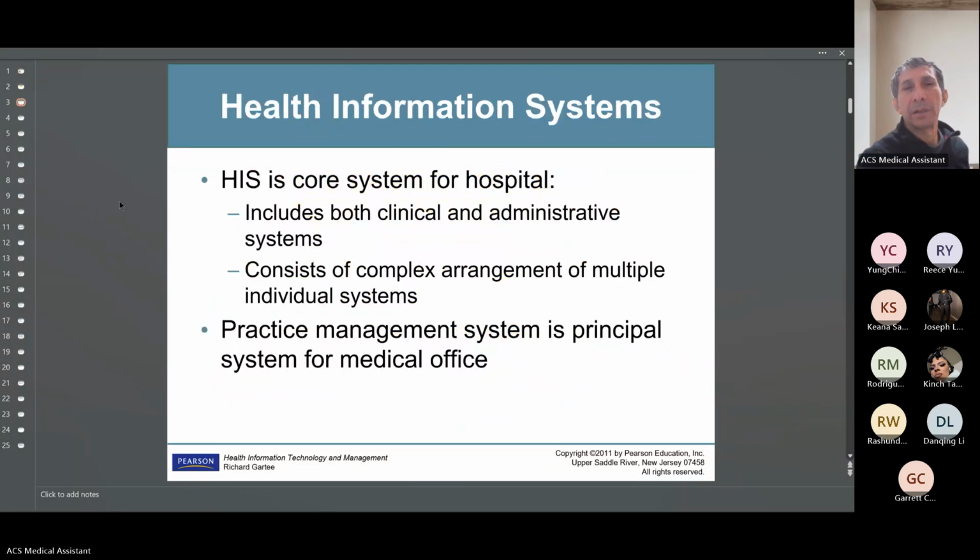So, health information system. Remember, you're not going to be asked what HIS stands for. This is health information systems. In medicine and any other industry, we use lots of acronyms.